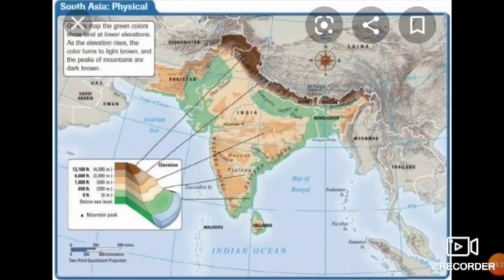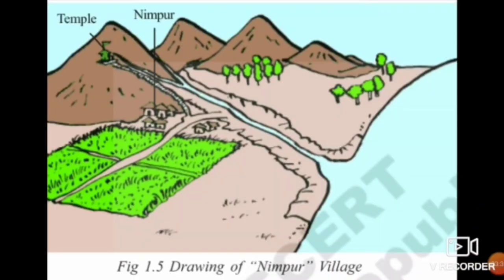How can we represent the height of land on flat paper? Of course, we can make a drawing like this shown on the screen. This is the picture showing Nimpur village.